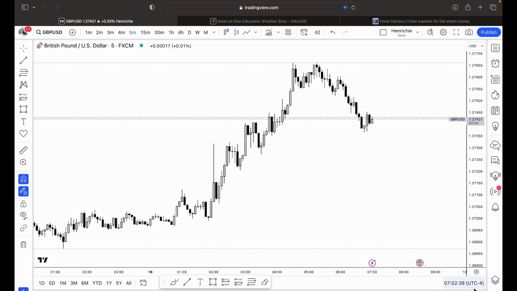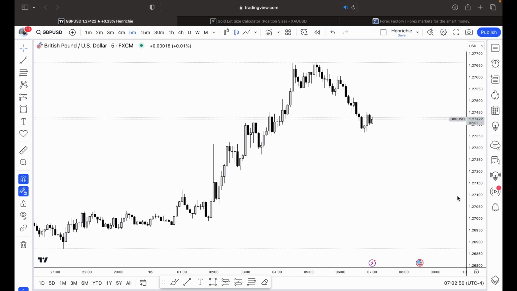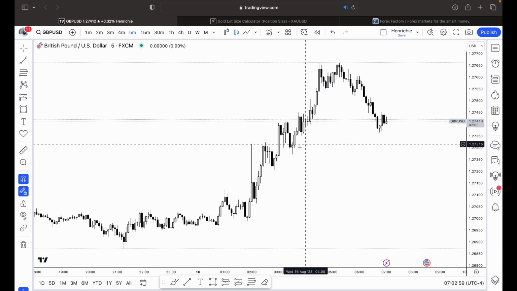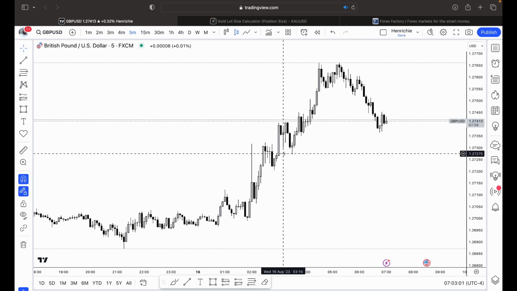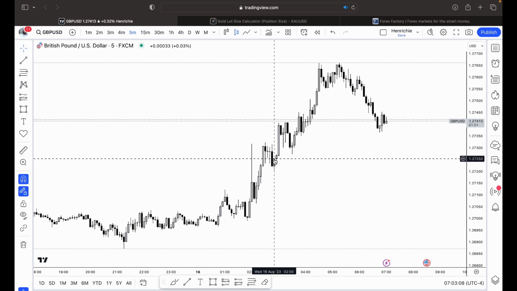So another thing to take note of, my time right here is New York time. So it will be best if you click on this, you look for New York, and you tap on it and set your time to New York time, because I'm trading with the New York time. So in this time frame, every single candlestick is 5 minutes of price movement. Same goes to 1 minute.